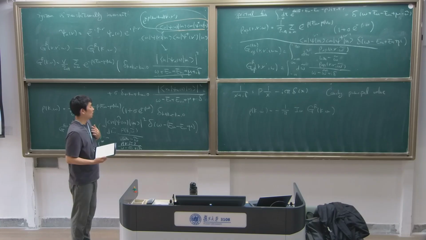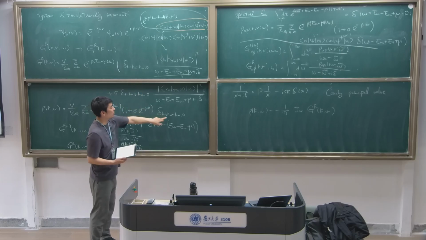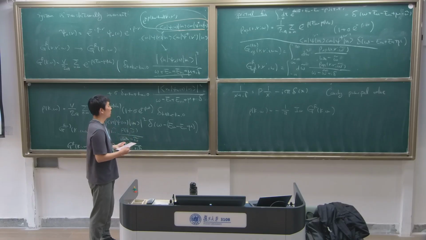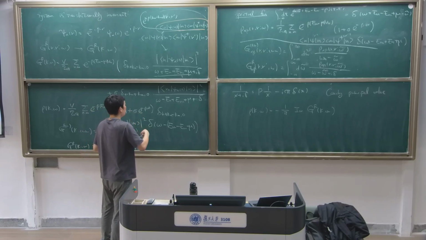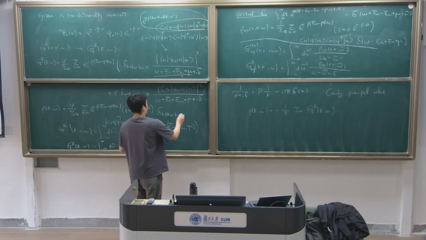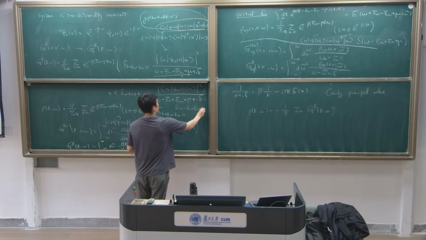So n and m are opposite, and so this is opposite to this one. You have to switch the role of n and m. To do that, here you have the delta omega minus en plus en plus mu.